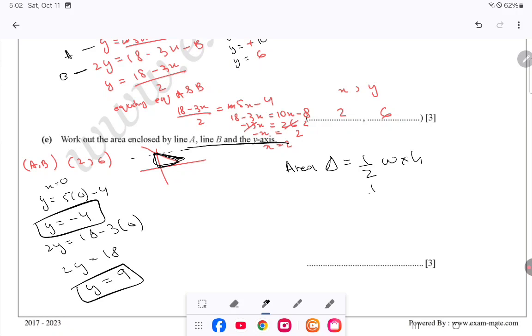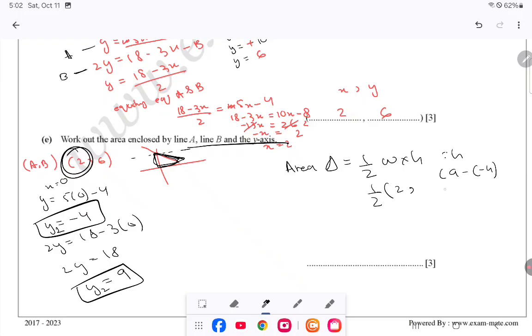So half width is this, which we calculated from the AB intersection, which is 2, and for the height we have to do y2 minus y1. y2 is 9 and y1 is negative 4.